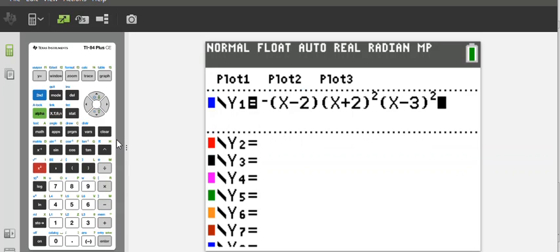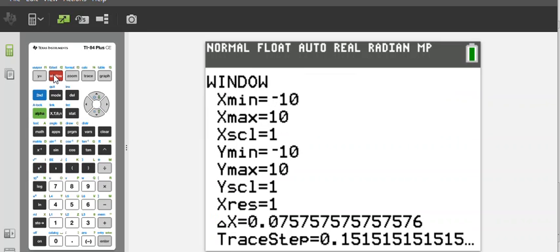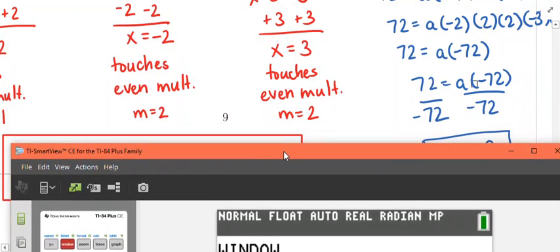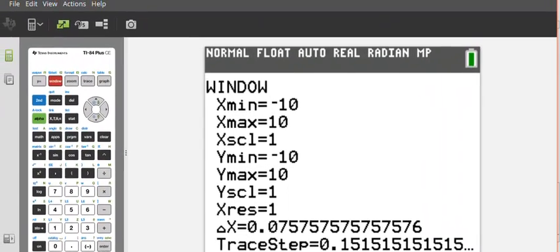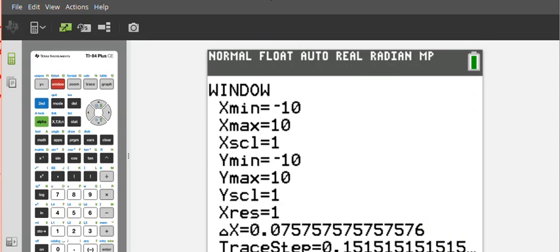And I'm going to adjust my window. Remember I had x-intercepts at -2, +2, and then 3, I believe.